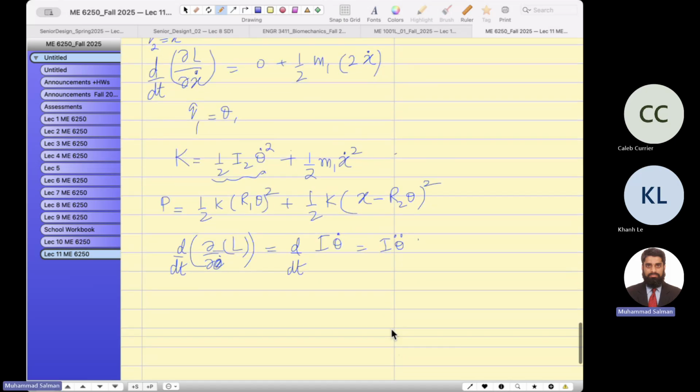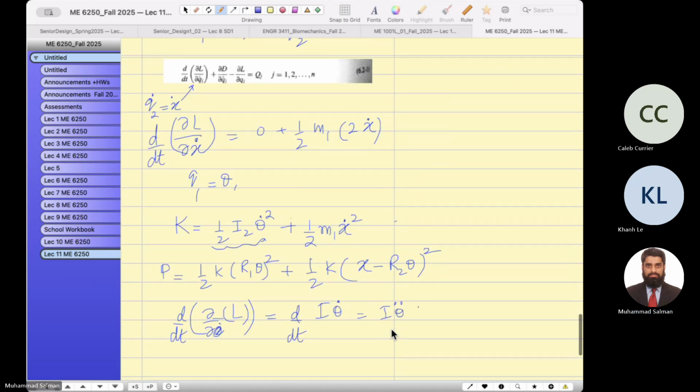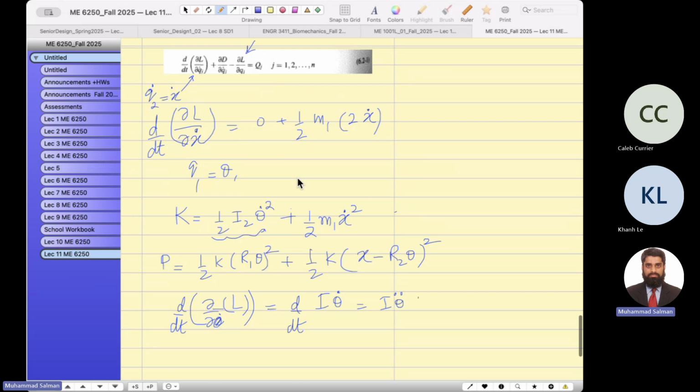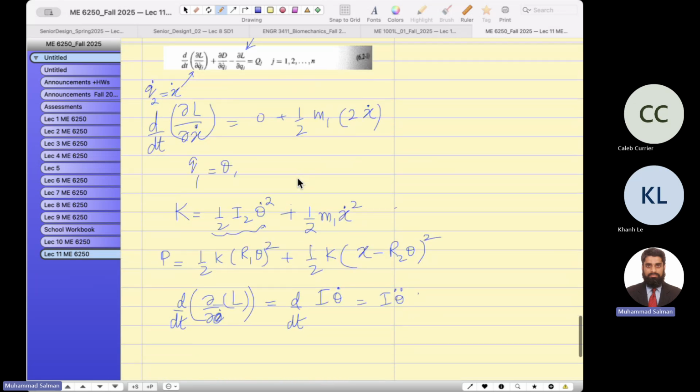And then we have to do this term. So look here, this term is negative L partial by partial q1, theta 1. So theta, I think this is theta only. So I'm going to show you here.